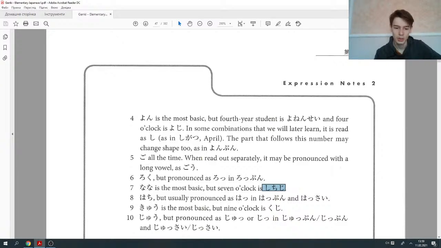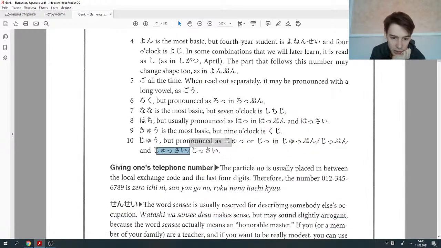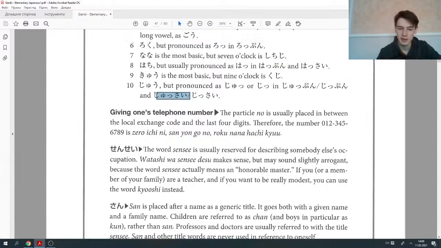Ju is pronounced as ju or ji, and juppun and jippun. What's the difference? Juppun, jippun. So we can say juppun, and you can also say jippun, and you can also say jissai, jussai. Okay, I think that we will get to that later.